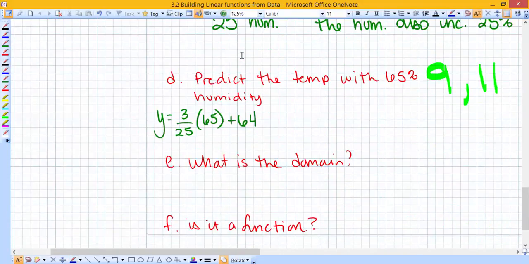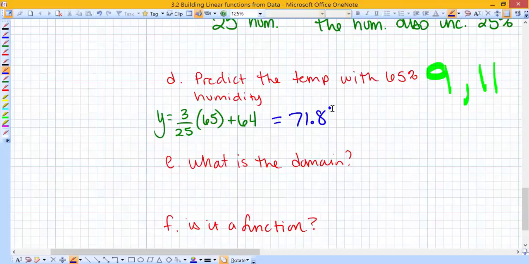So either way you guys want to go through and do this, if I were to use my calculator, 3 times 65 divided by 25, and then I'm going to add 64, I get 71.8 degrees.